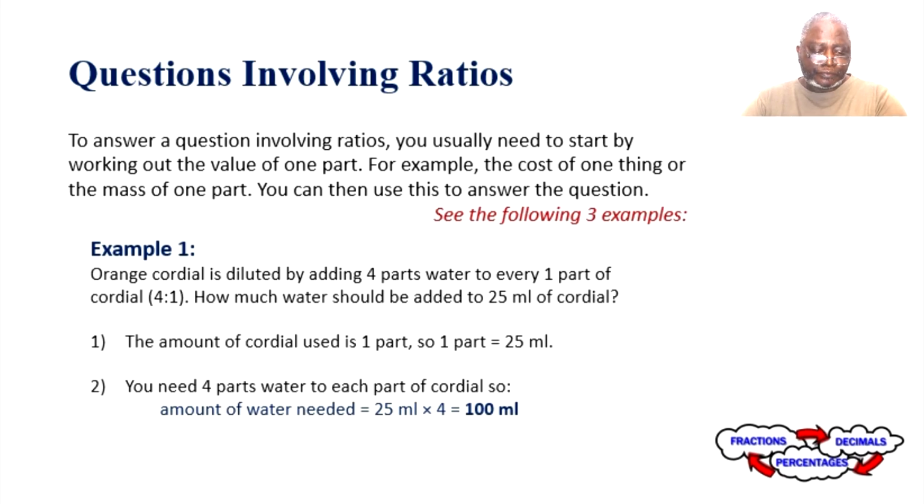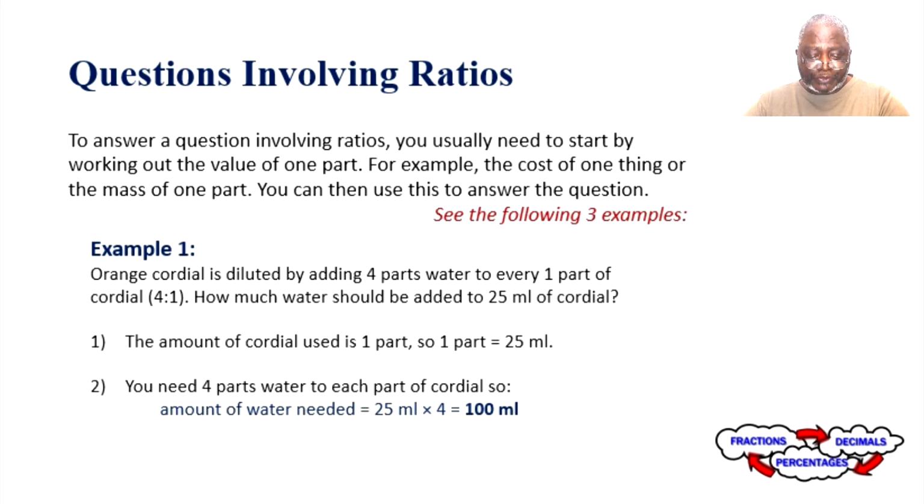Example 1. Orange cordial is diluted by adding 4 parts of water to every 1 part of cordial, that is 4:1. How much water should be added to 25 ml of cordial? The amount of cordial used is 1 part. So 1 part is 25 ml.